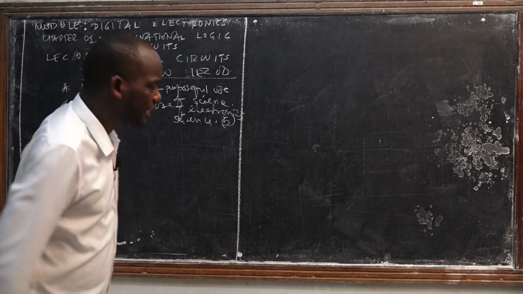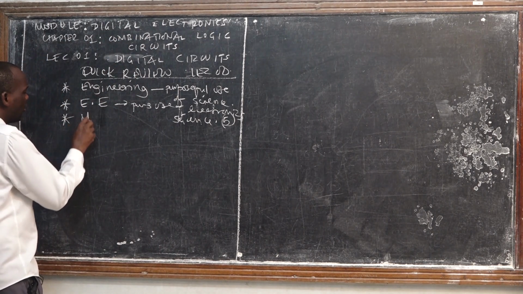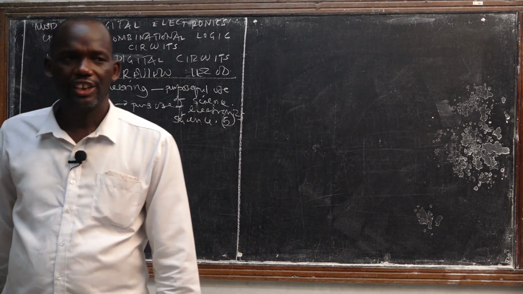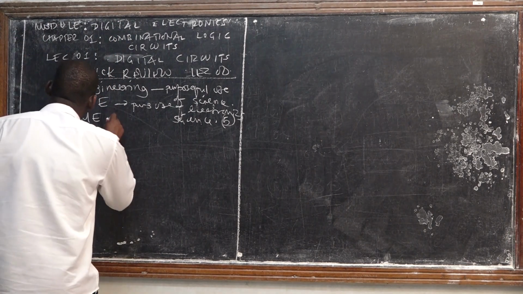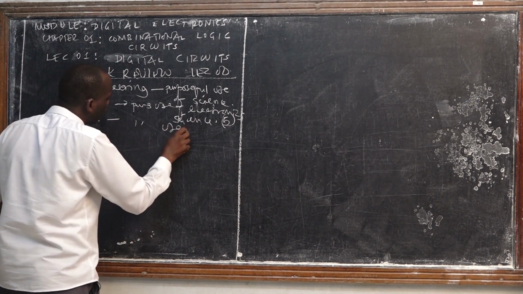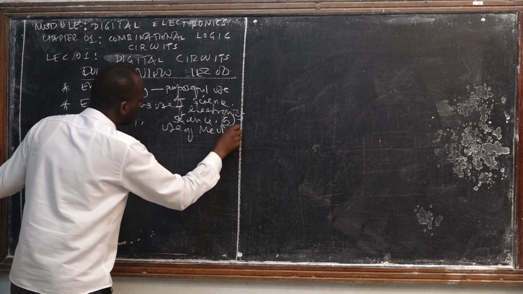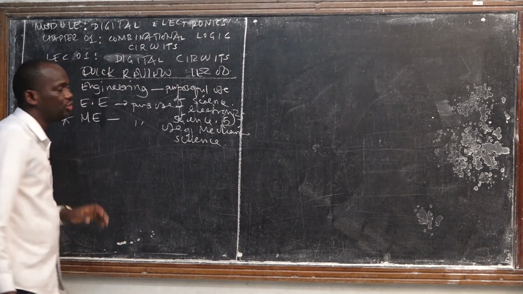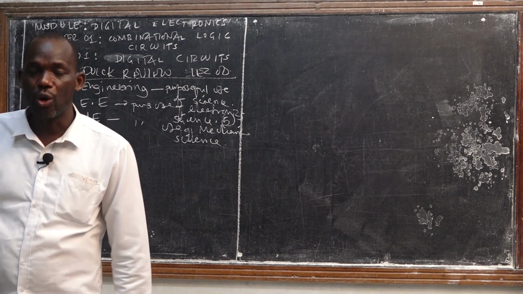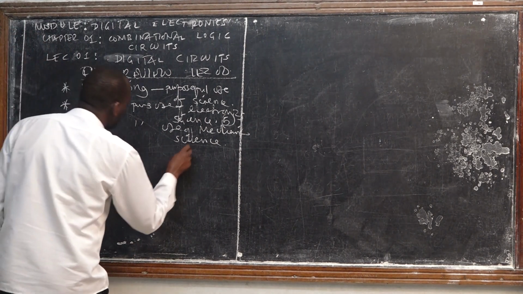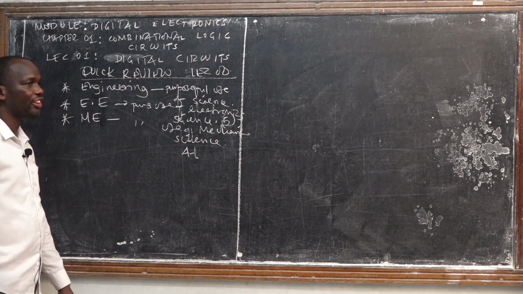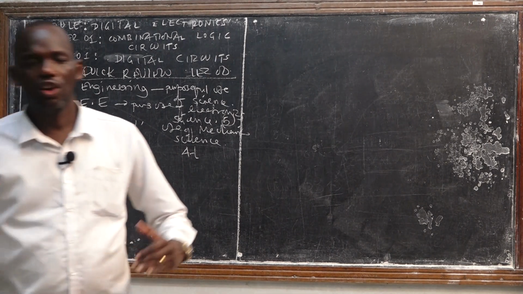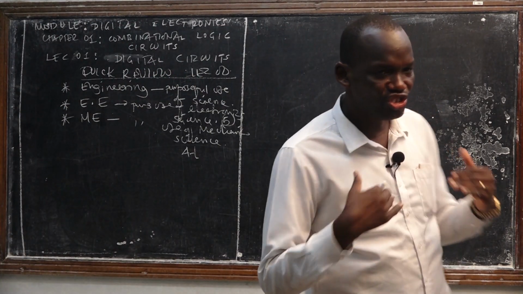All right? Then we defined, because in this class we have mechanical engineers, what is mechanical engineering? We came up with the definition that mechanical engineering is the purposeful use of what? Mechanical science. So before you have a vision to be a mechanical engineer, you should go through mechanical science. And the good thing is that in A-level education we had almost 14 topics training us about mechanical engineering.